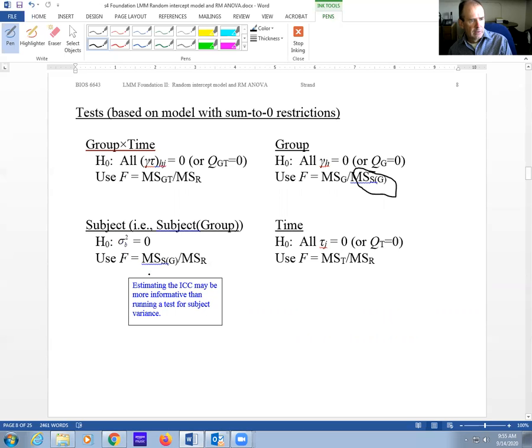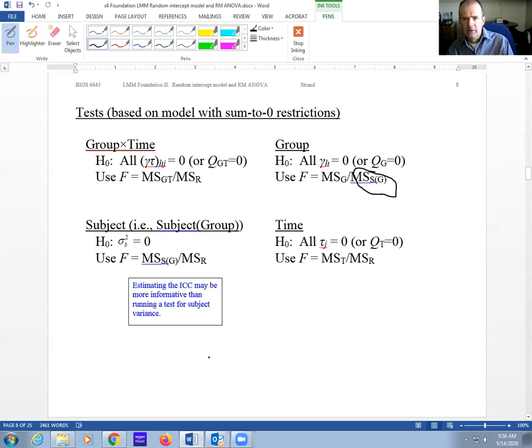And I make a note here that, as far as that variance term for subjects within group, you can do a test for the variance, is the variance 0 or not, but really estimating the inter-class correlation may be more informative than doing a test on the variance.